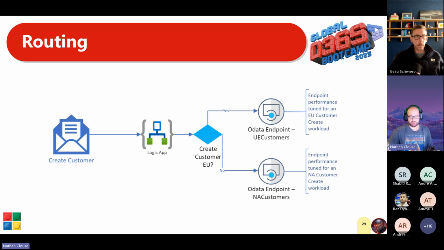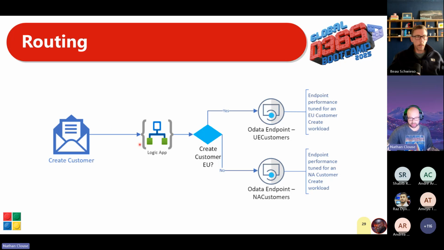Next, something you might encounter is called a routing pattern. That's where, let's say you have multiple legal entities or operate across multiple continents, there may be extra steps or extra information that you will want to happen when you create a customer. So in this instance, we get a create customer message from some outside system.